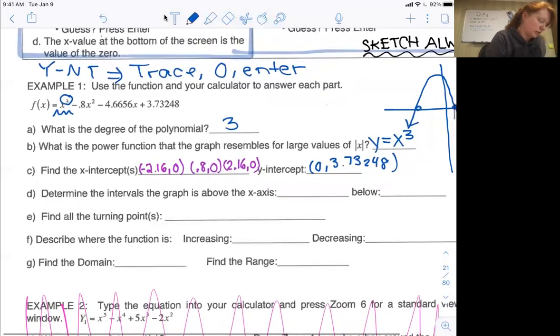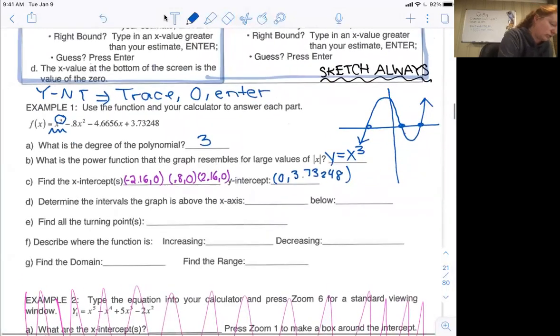Determine the intervals where the graph is above the x-axis. If you are above the x-axis, that's this portion of the graph. So we're going to do this in terms of x values.